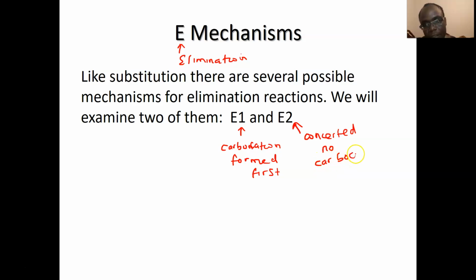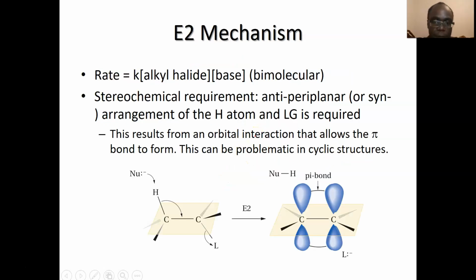So you realize that E2 and SN2 don't have carbocation formation, so that's why they compete. E1 and SN1 form carbocations, so that's why they compete. So you will have to choose the best reagents that will favor E1 over SN1, E2 over SN2, because they share the same energy profile.